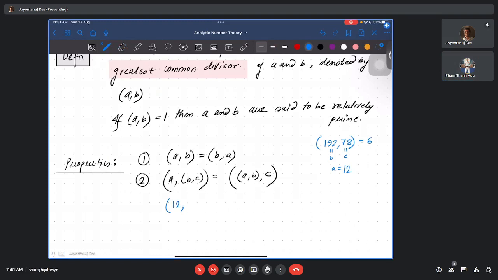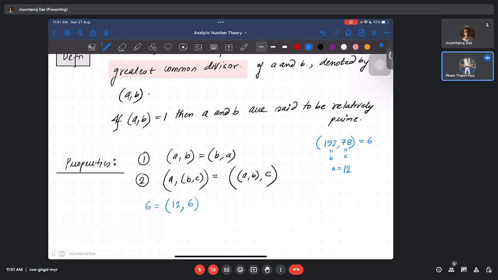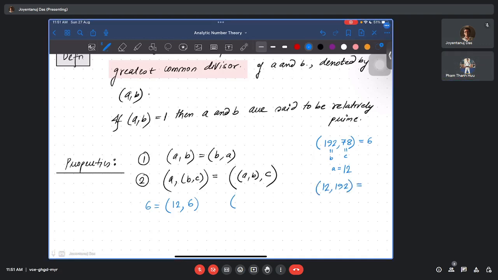Then the GCD of B and C is 6, right? So the right hand side will give us 6. The same we will get here. So A is 12, and with 192 you have to calculate the GCD.